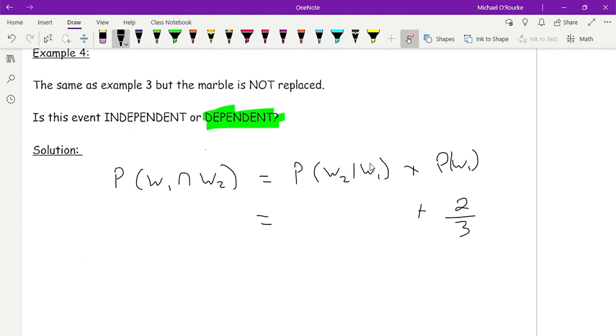Then what's the probability of drawing the second white one, given you've already drawn the first white one? 1 out of 2. Right? Because there's only 2 marbles left, and one of them's white. And if you plug that in your calculator, I answered 1/3.